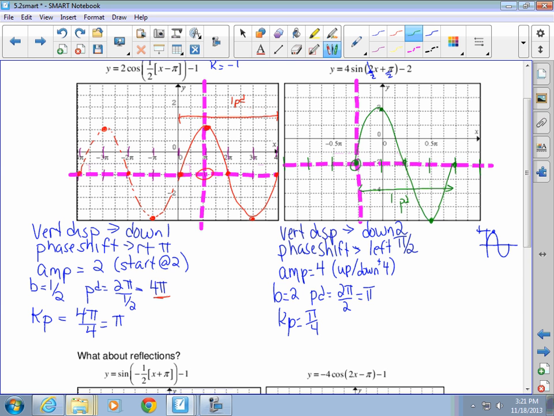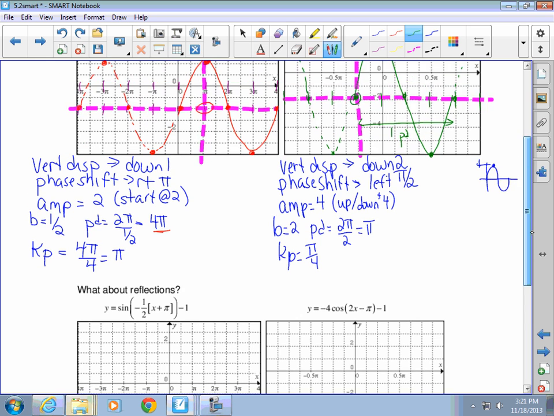So I could continue on from here with my ups, downs, and my zeros. This point would go down, 0, and then back up. The solid is what 1 cycle would look like, and if you continued the graph, that's how it would continue.